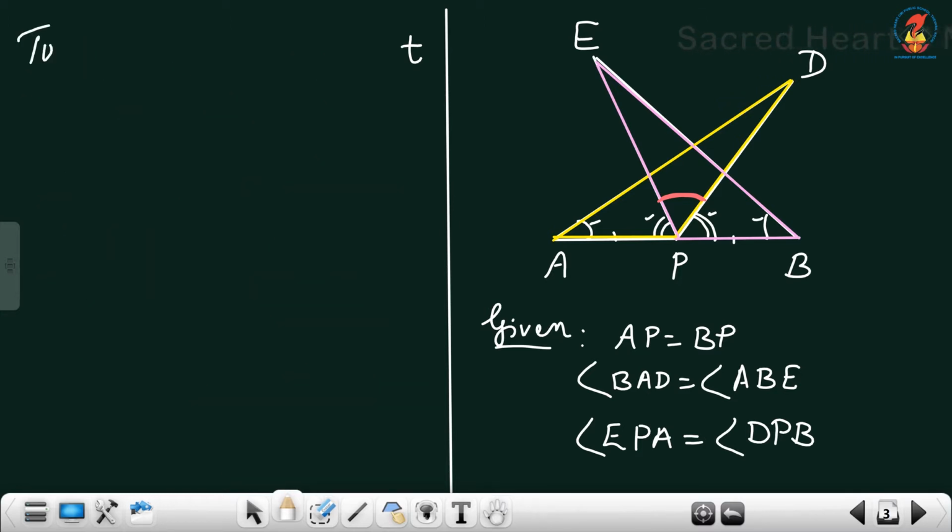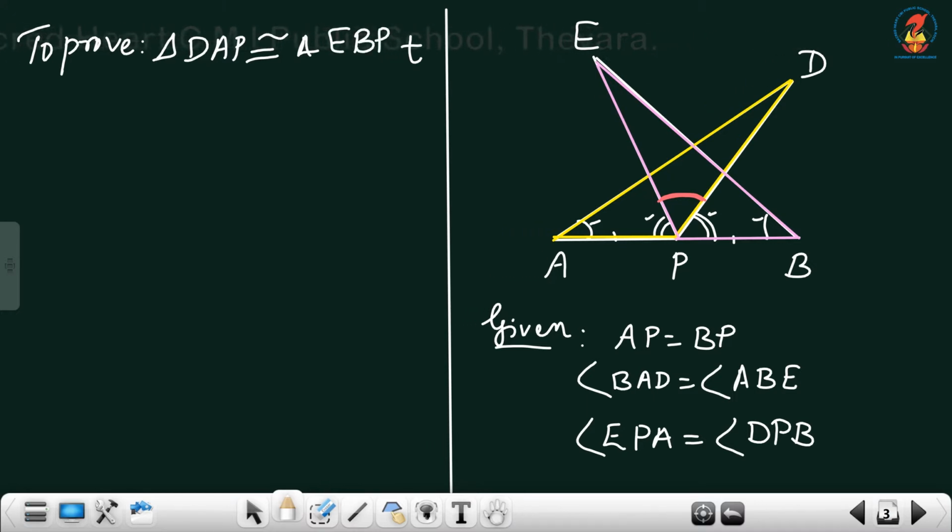So, to prove triangle DAP is congruent to triangle EBP, and second we have to prove AD is equal to BE.